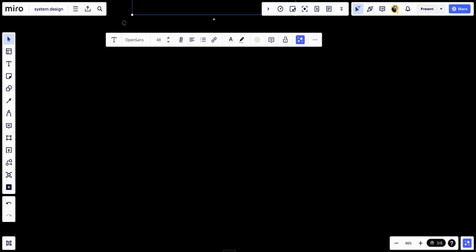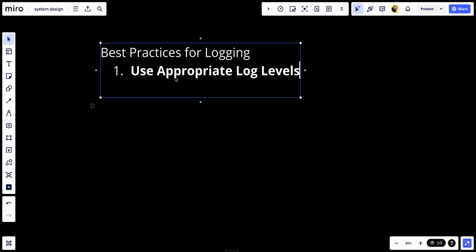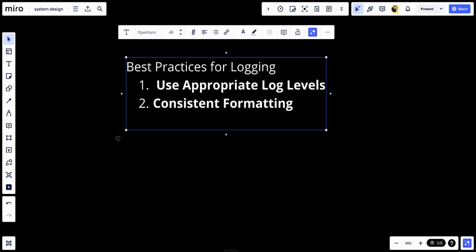Let's talk about best practices for logging. First, use appropriate log levels. Correctly categorize log messages to make it easier to filter and analyze logs. Number two, consistent formatting.